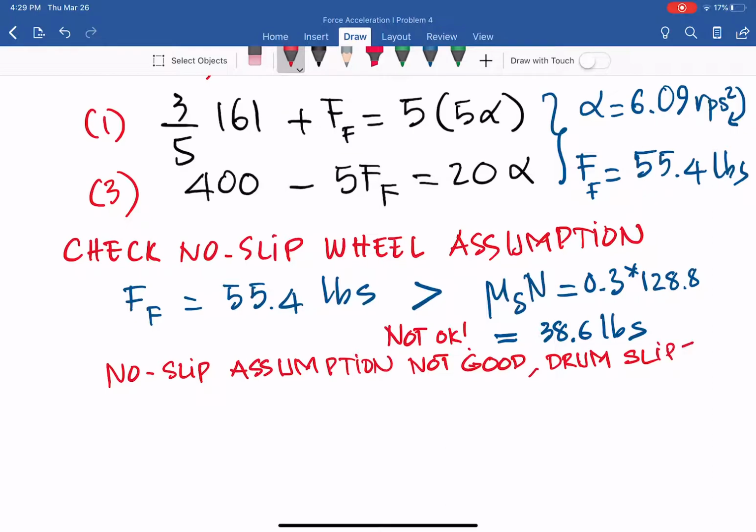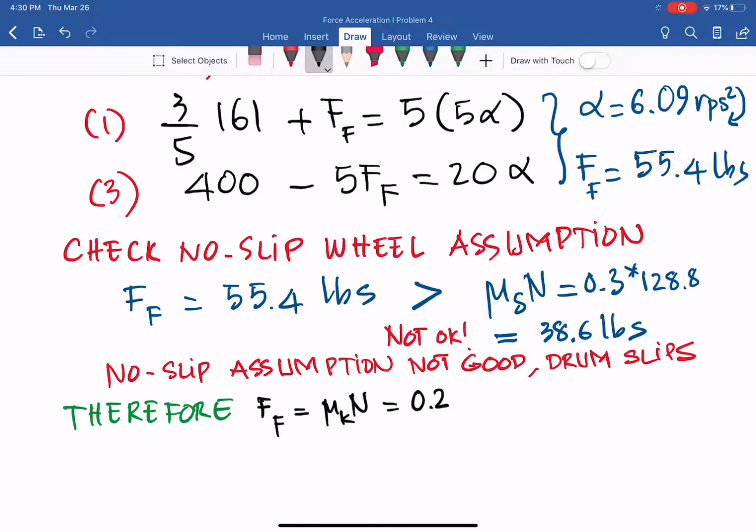Drum slip. When drum slip, what do we have? We will have FF equal to mu sub K N. Therefore, we have FF equal to mu sub K N, and mu sub K equal to 0.2 times 128.8.